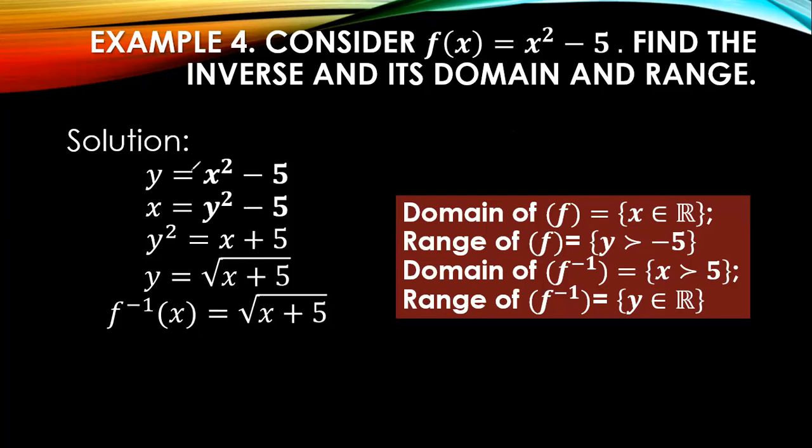Now, we get the inverse function. So, we have f raised to negative 1 of x equal to square root of x plus 5. Okay, so para makuha natin yung range, dun tayo magbe-base sa inverse function. So, bawal again magkaroon ng negative sa loob ng radicand.